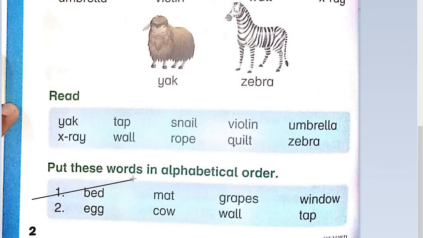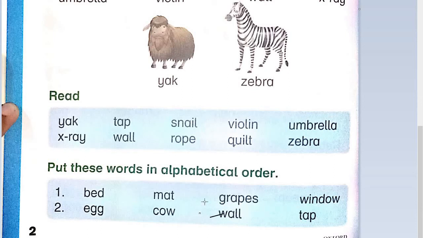Put these words in alphabetical order. इन अल्फाज को अल्फाबेटिकल ऑर्डर में जो है वो ऑर्डर करना है. So, number 1, bed, mat, grapes, window.